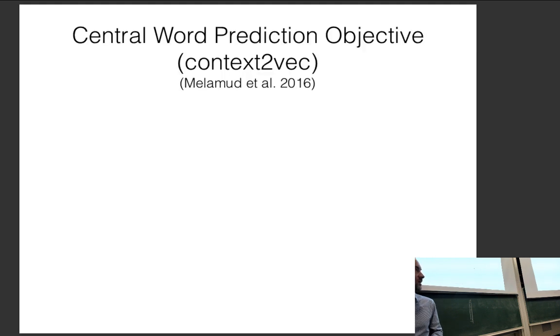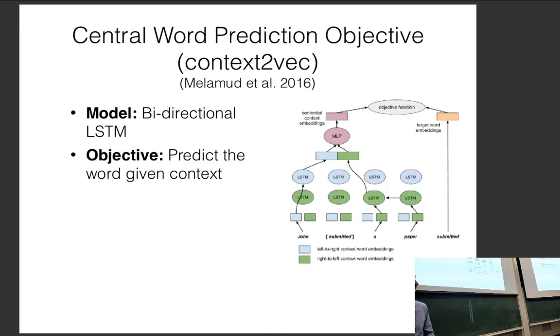How do you train these embeddings? So the first way you can do this is you can do basically what word2vec did, but instead of doing word2vec with a word averaging model, you do an LSTM or some other model that's dependent on all of the words in the sentence.